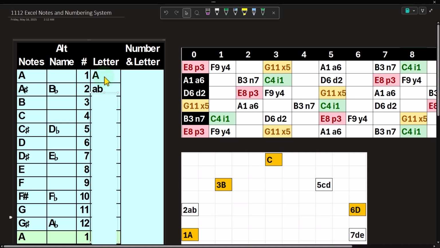So uppercase for me is going to be the letter if it's an A, and if it's either, you can call it, I don't care what you call it, an A sharp or a B flat, I'm going to call it an AB, which is the same numerically as like 1.5, for simplicity to type in Excel, so that when we create our fretboard, it's easy to see and we can still name it either way.